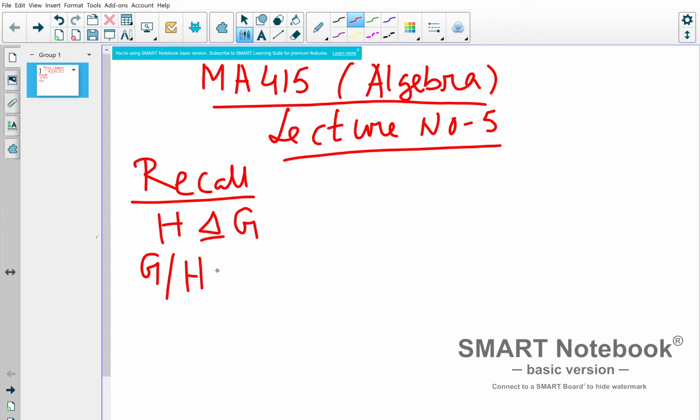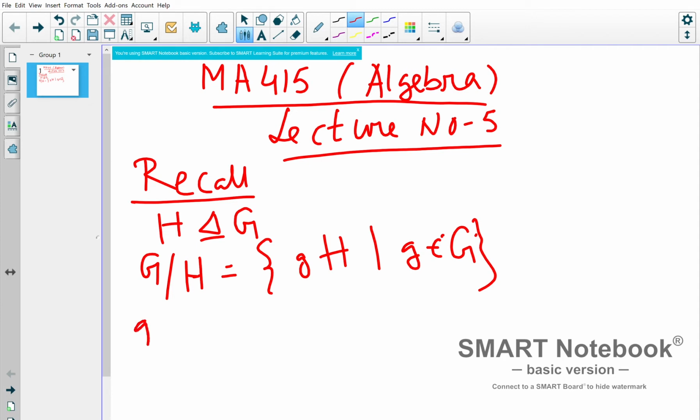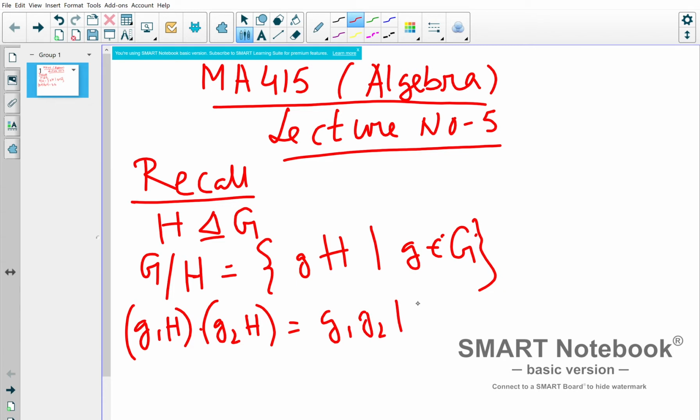So what are left cosets? They are equivalence classes with respect to some equivalence relation which we already defined. Then we defined an operation on this set by g1H dot g2H equals g1g2H.